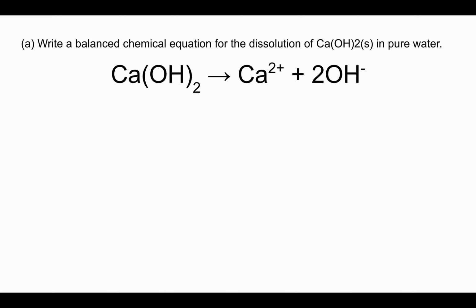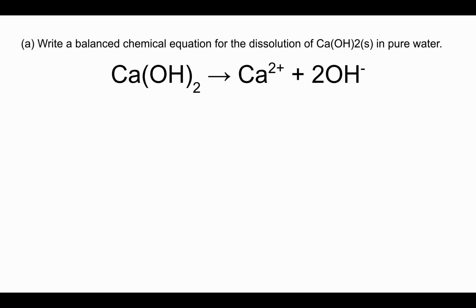Alright, so as you can see here, calcium hydroxide is going to dissolve into Ca2+ ions as well as 2 hydroxide ions. So what is important to write in this equation is to have the ion charges. So you need to have a 2+ on the calcium ion because it has a positive 2 charge, as well as a minus on the OH ion.